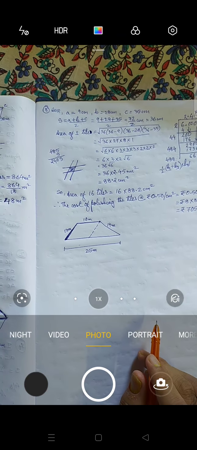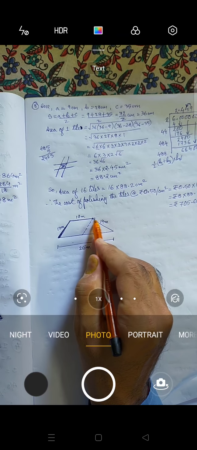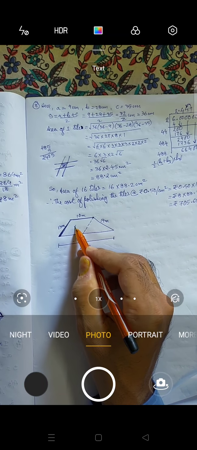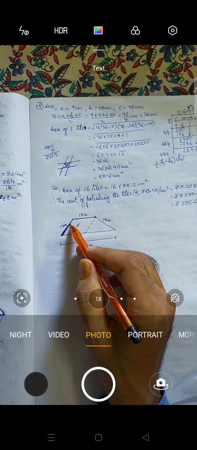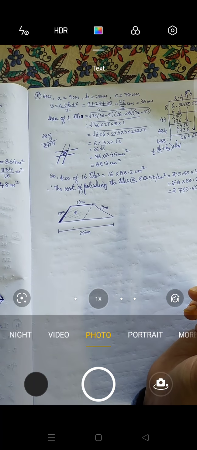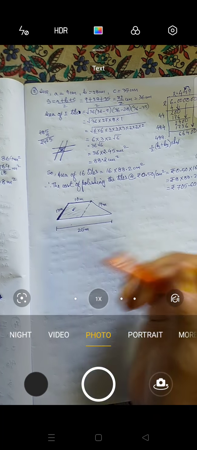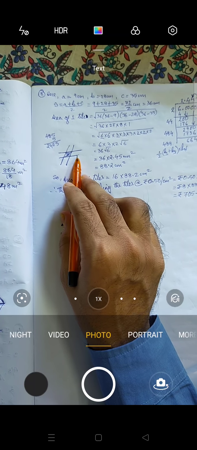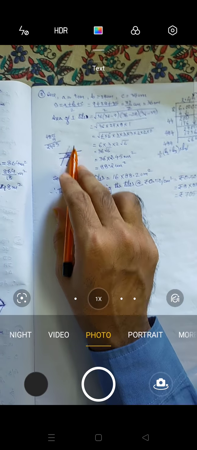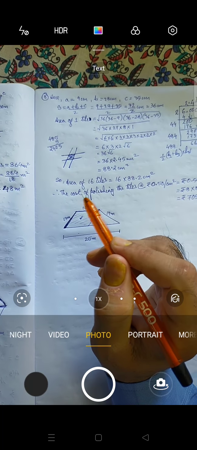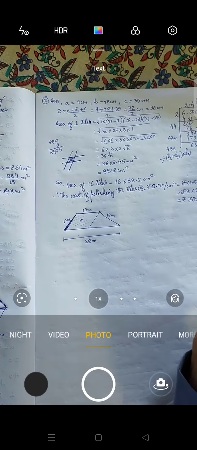That means this was a parallel line, this is also a parallel line, so this will be a parallelogram. Any problem? Whenever we draw two parallel lines and intersect them with another pair of parallel lines, they will form a parallelogram.